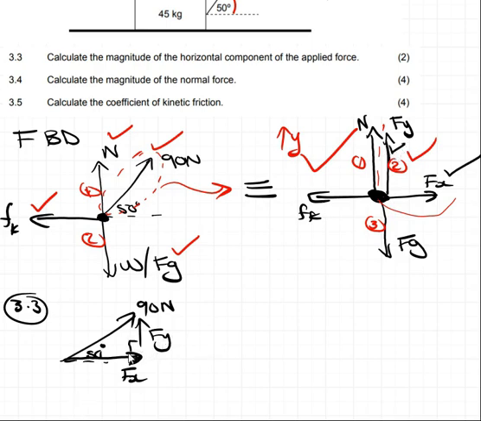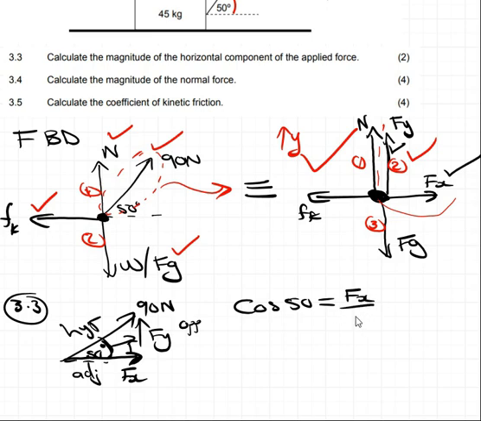So now using our trig ratios, we can see that we are given the hypotenuse. What's Fx? Fx is the adjacent side because it's the side that is in contact with that angle. What's Fy? Fy is the opposite side. It's the side which is not in contact with that angle. So now we are looking for the side that is adjacent. Our trig ratios tell us that cosine of 50 gives us adjacent over hypotenuse.